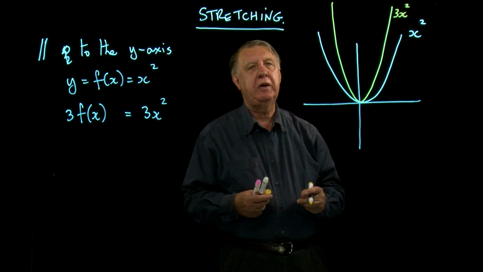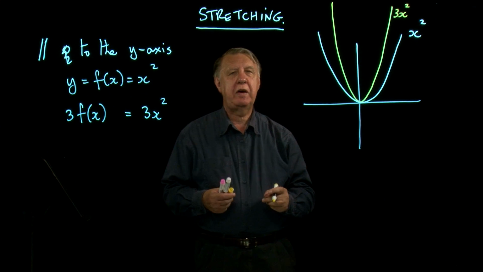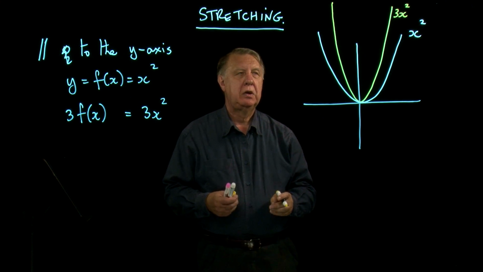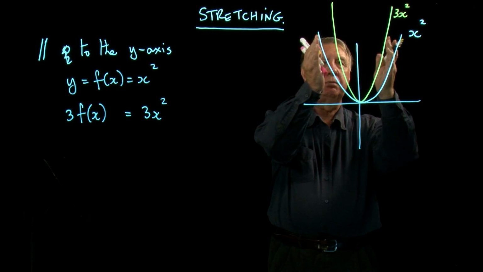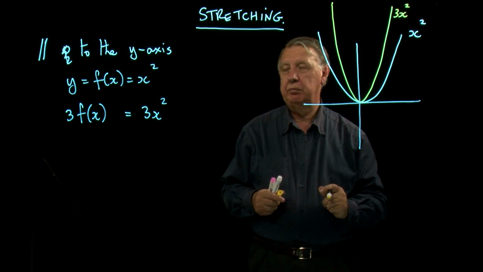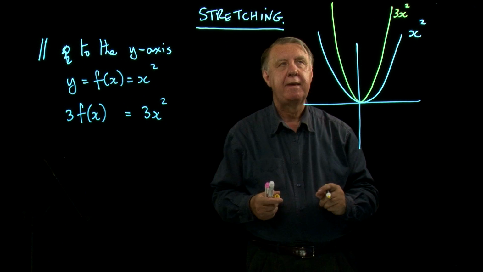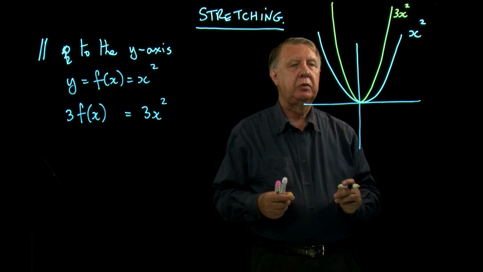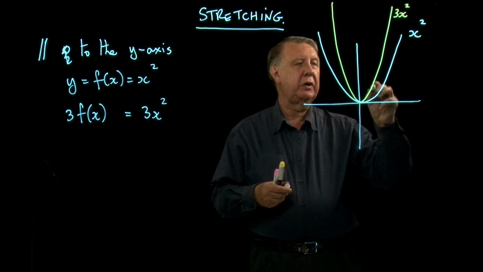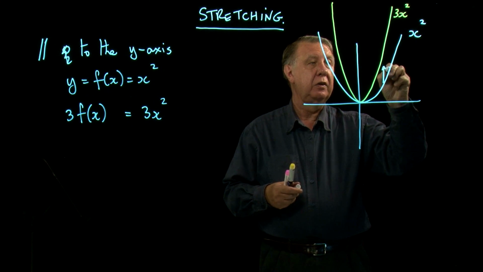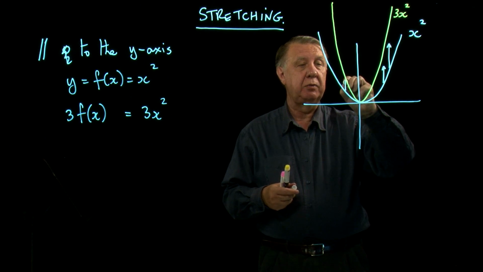Now the question is, what has happened to that graph? And of course the temptation is to say, it's done that. It's squashed in, because that's what it looks like. Well, fair enough. But it's also possible to argue that it's actually all gone up like that.